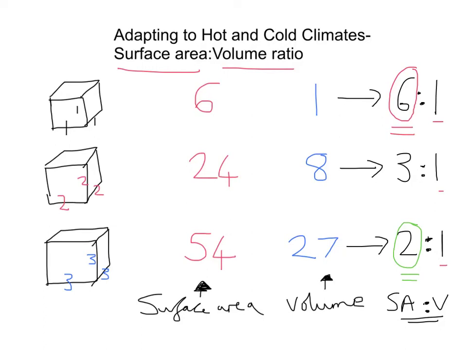So even though you're a lot smaller, you actually have more surface area exposed for every volume that makes you up. So you're more likely to lose heat quicker. Which is ideal in a warm environment, but in a cold environment, you're not going to want to lose your heat very quickly. You're going to try and conserve that heat. So that's just a little bit about surface area to volume ratio and why it relates to this adaptation topic.